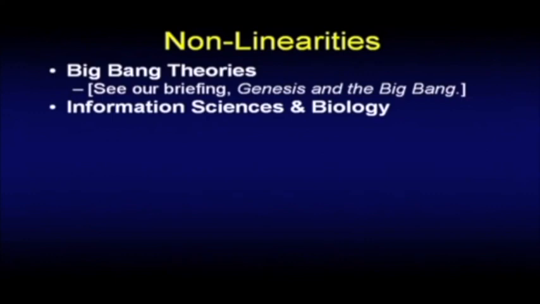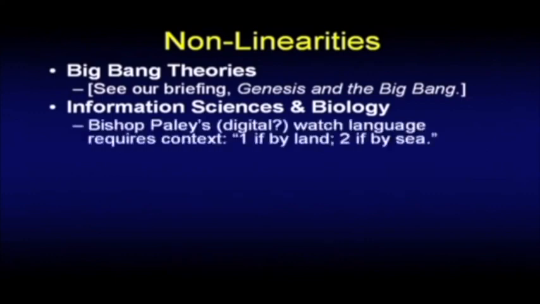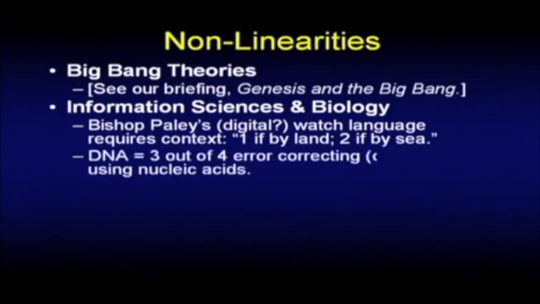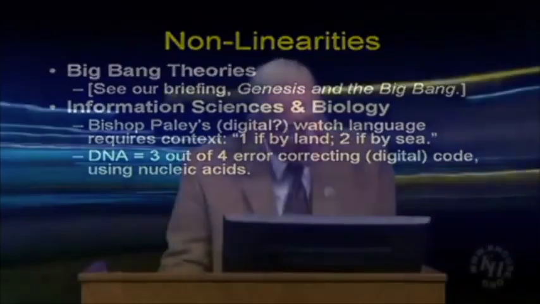In the information sciences and in biology, we have Bishop Paley's fabulous watch example, often quoted, and the digital context of one if by land, two if by sea. Paul Revere, again, is digital. DNA is made up of a 3 out of 4 error-correcting digital code.